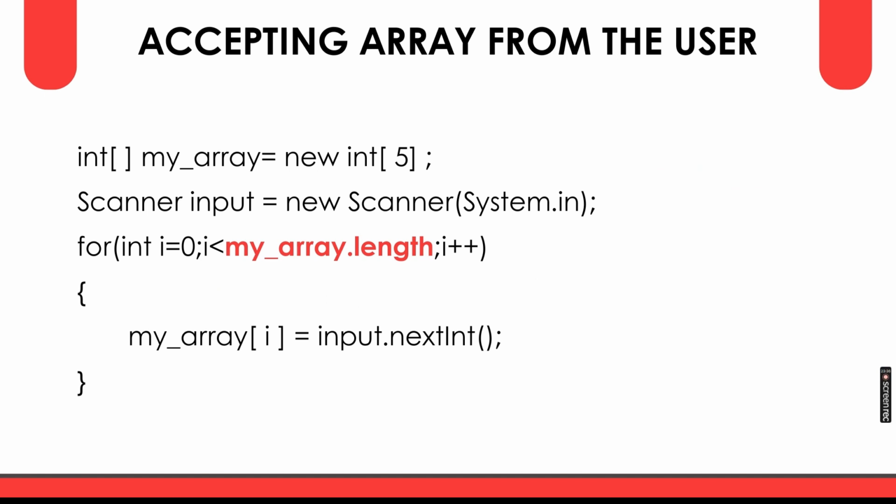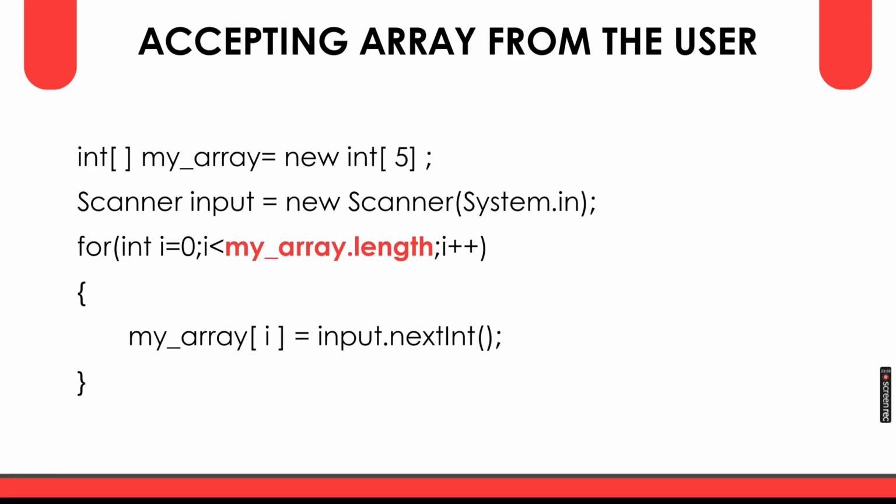Now we saw how to declare, initialize, access, change, and print the array. What about accepting the array from the user? Your program is running, and the values of the array are coming from a user who is typing on the keyboard and giving values to your program. How will we do that?